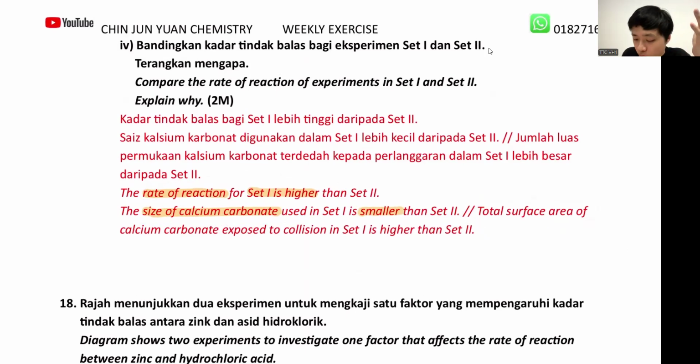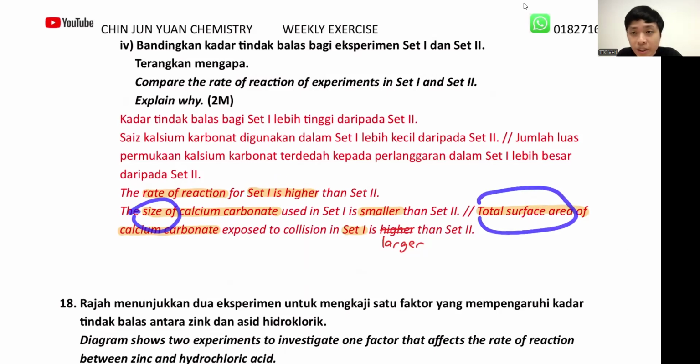Or you can say the total surface area of calcium carbonate exposed in set 1 is larger than set 2. Actually, higher also can, nothing wrong, but here you're supposed to put larger. If you have 3 marks, then you highlight the total surface area. Otherwise, either size or total surface area is enough.